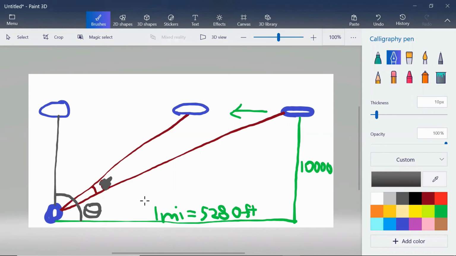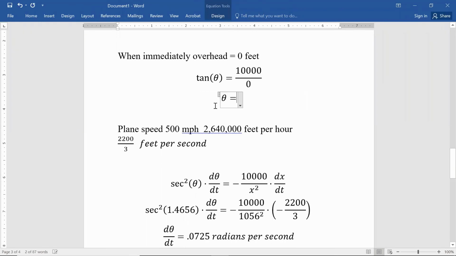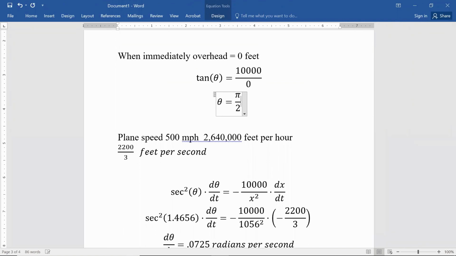So pi over 2 in radians, and again, we're at the 0 feet mark. So we can't find the radians with inverse tangent, but we can find it through common sense. And common sense tells us that the angle is pi over 2.